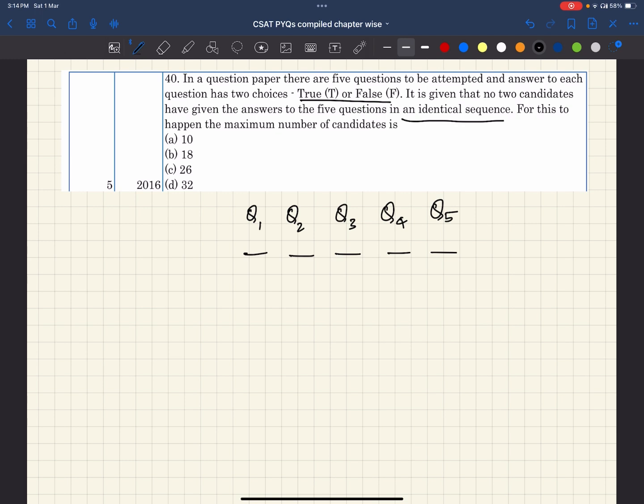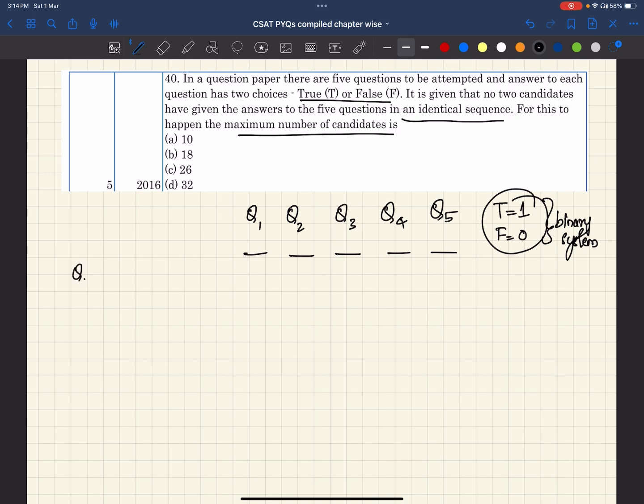And no student answers are identical. That means either, let's take true is 1, false is 0. That means this is similar to binary system, right? Now, what is asking? Maximum number of candidates needed to satisfy the above condition.